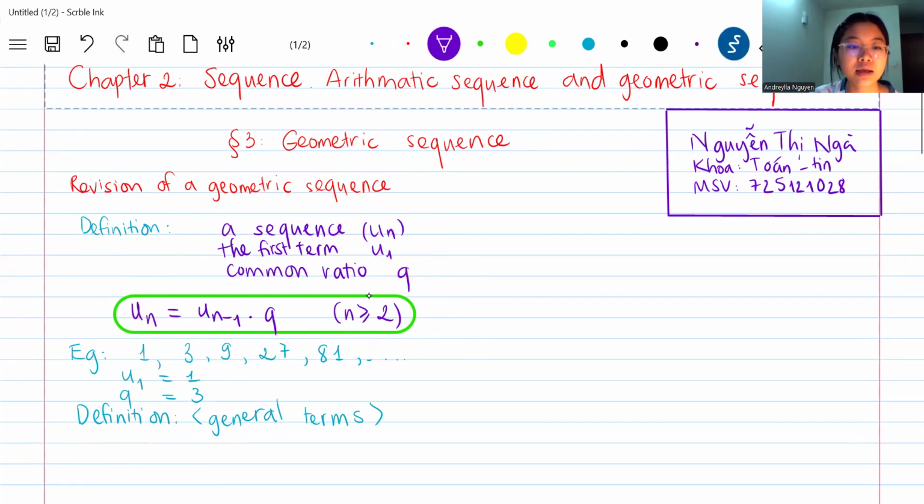It means that I can have U_n equals U1 times q to the power of n minus 1, for n greater than or equal to 1.